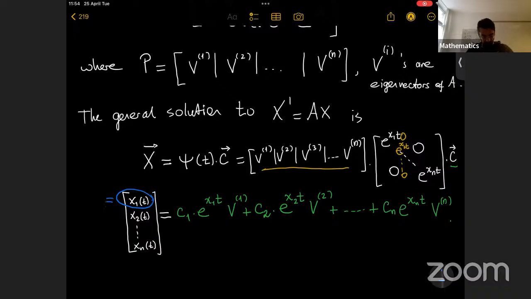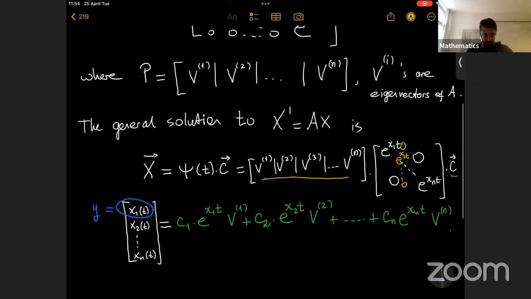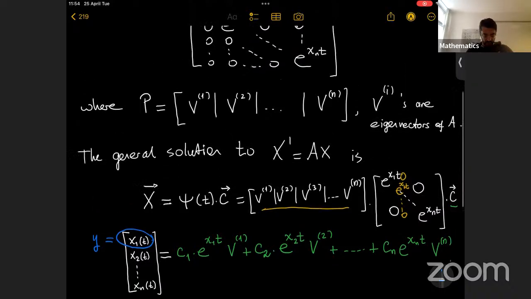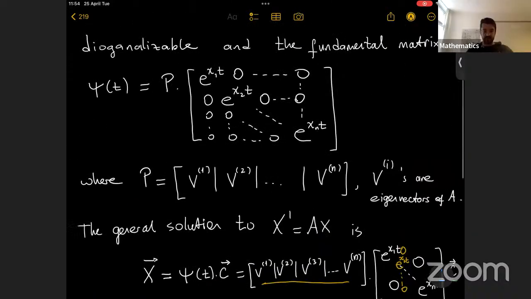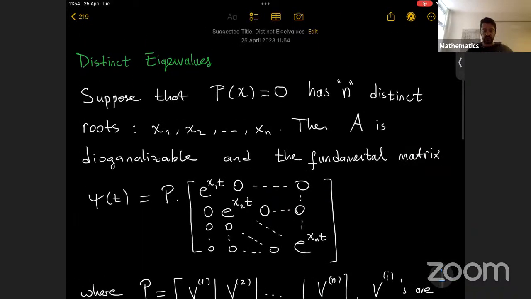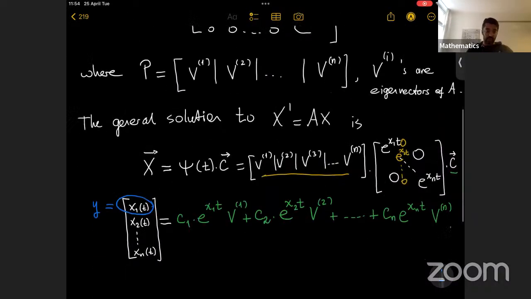This is equal to y, and y is the solution of the original system. I do not have it here, but it's the solution of the nth order differential equation.